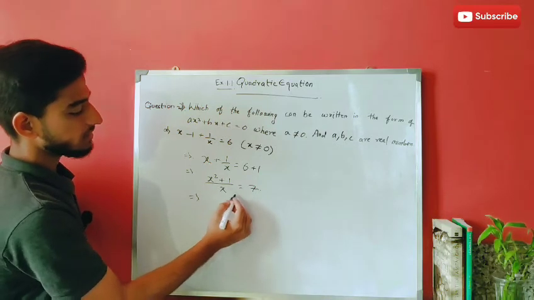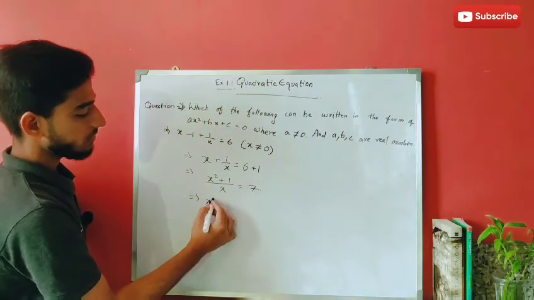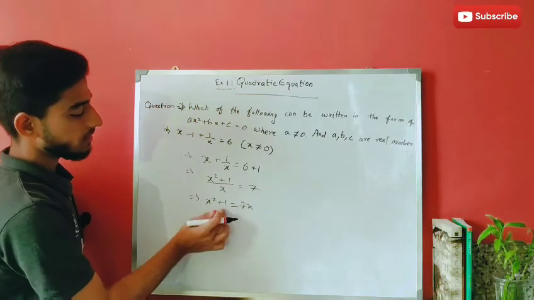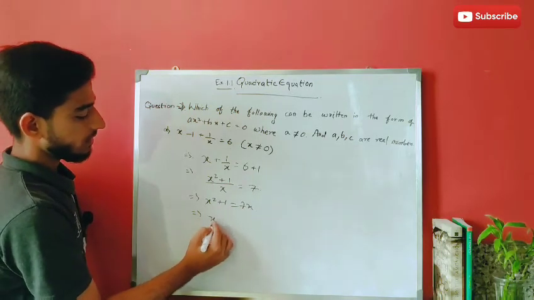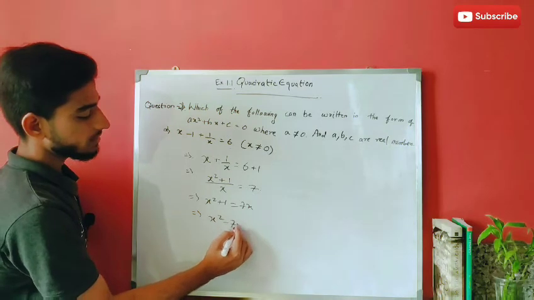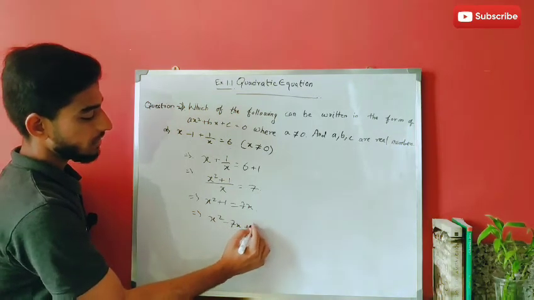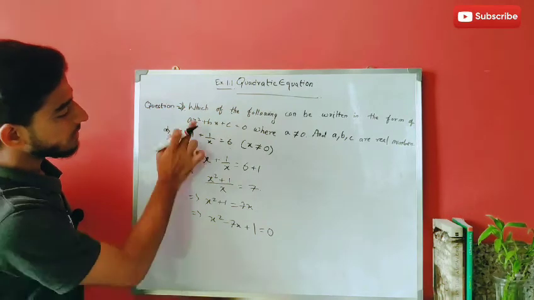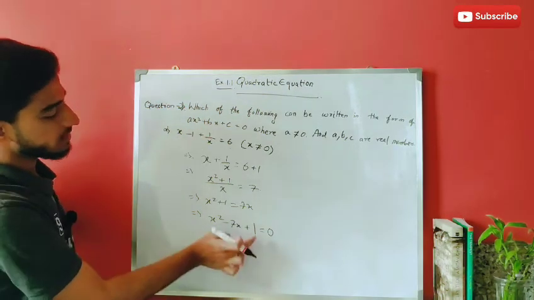Now we multiply this x across: x square plus 1 is equal to 7x, and 7x comes over here, so x square minus 7x plus 1 is equal to 0. Now it has come to the form of ax square plus bx plus c.